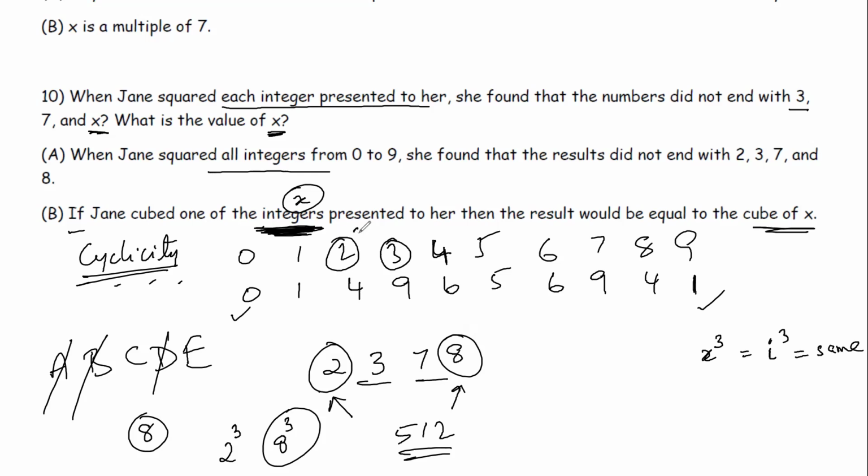If I cube 2, one of the integers presented to you, it would be equal to the cube of x. If Jane cubed one of the integers presented to her, then the result would be equal to the cube of x.